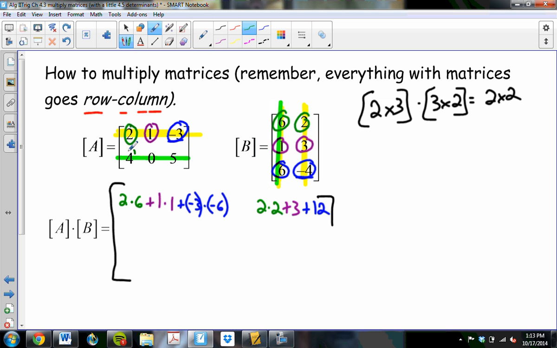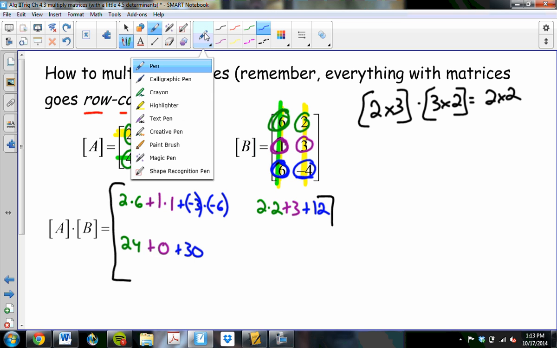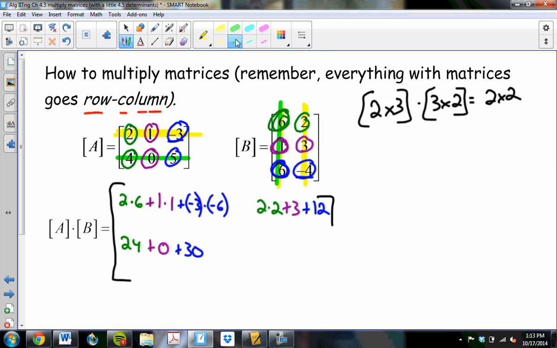So I'm going to do 4 onto 6. 4 times 6 is 24. 0 multiplied by 1 is 0. 5 multiplied by 6 is 30. Then I'll do my same row, this row here, onto the other column over here.